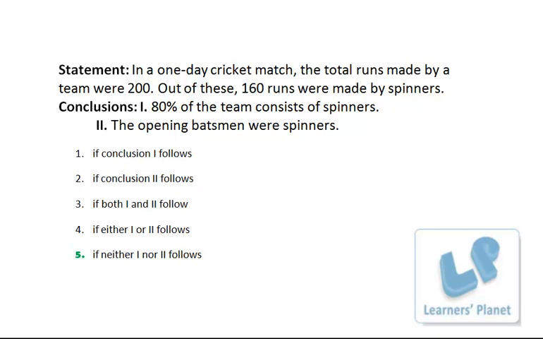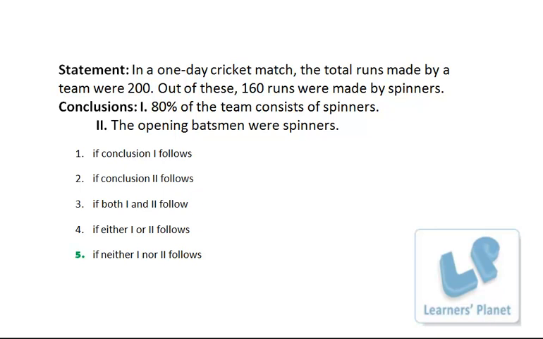Now practically, if 160 runs are made by spinners, does it mean that there are 8 or 9 spinners? Maybe 2 or 3 spinners are there, and they have collectively made this many runs. It's not necessary that 8 or 9 spinners made 160 runs, right? So it cannot be concluded from the statement.